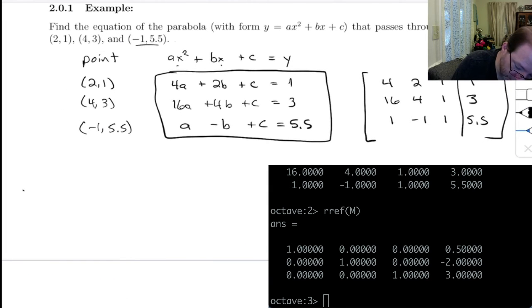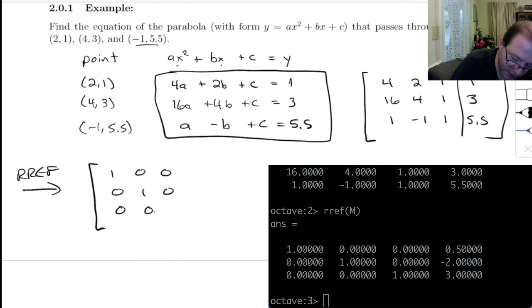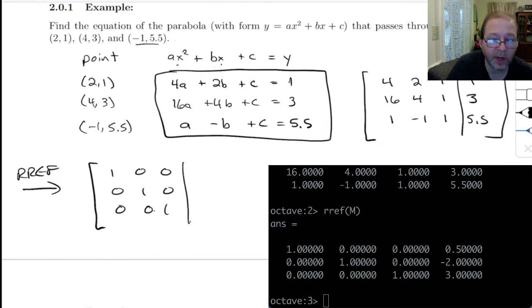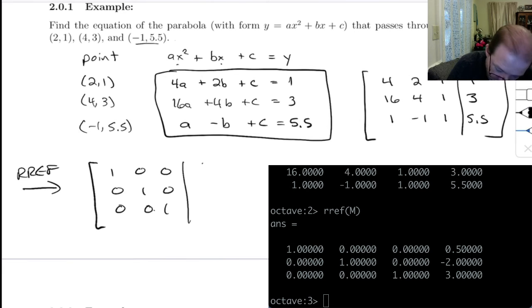So this row reduces to this identity matrix here, because it's just ones along the diagonal and zeros everywhere else. And what we've got here is 1/2, -2, and 3.